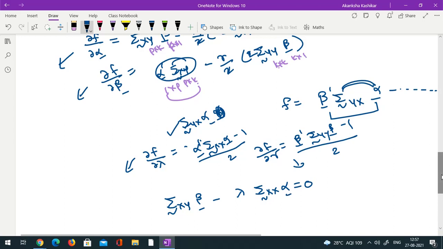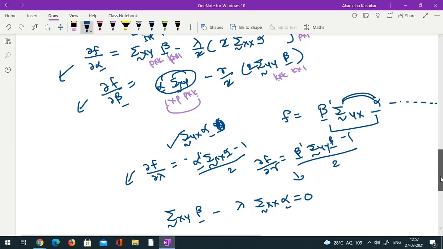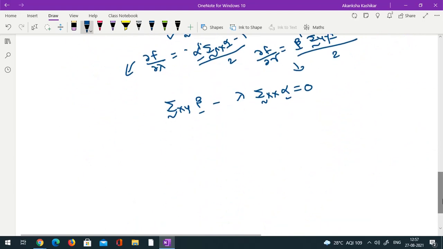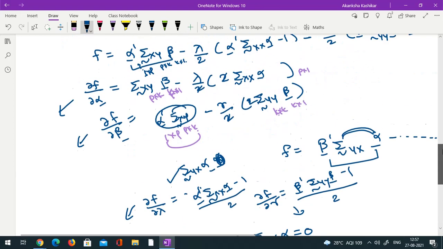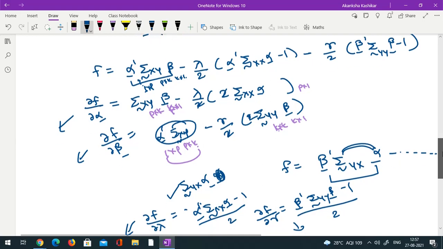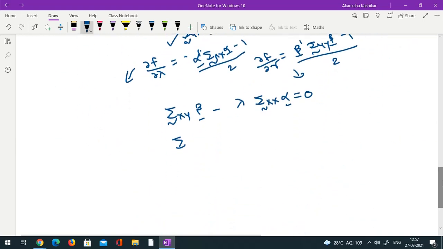That is my first equation. Am I right? Next equation, if I equate it to 0, I will get sigma yx alpha minus gamma sigma yy beta equal to 0.